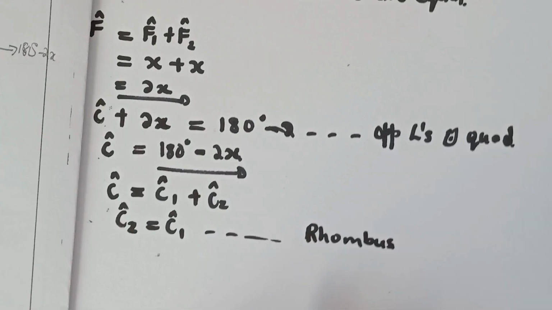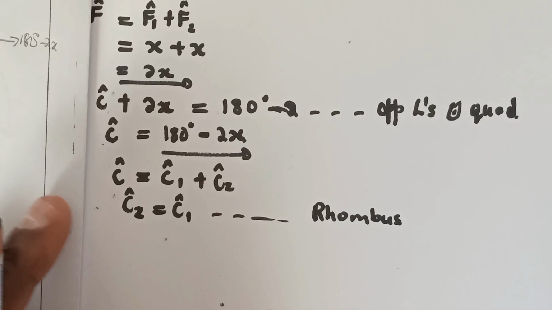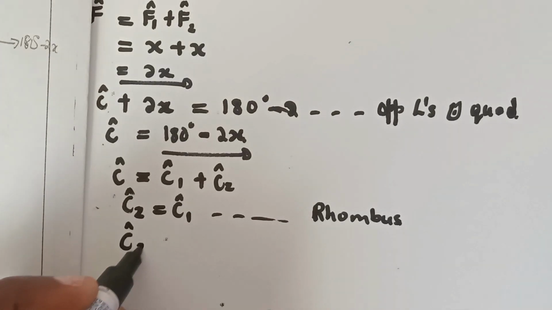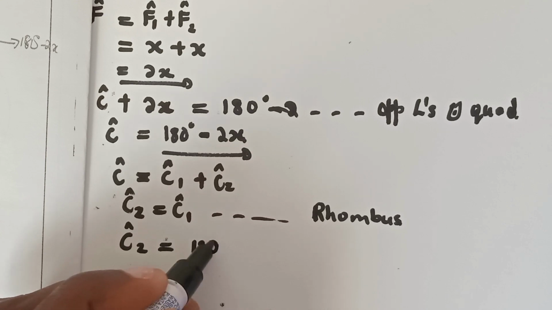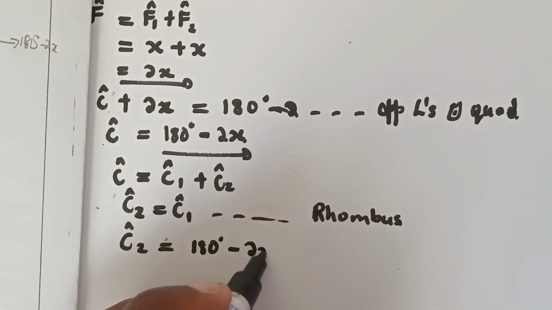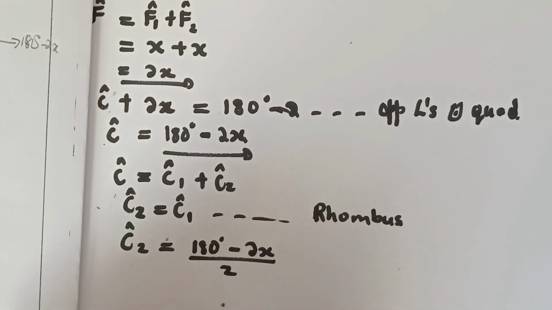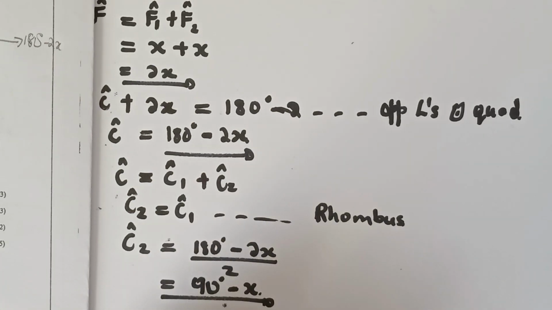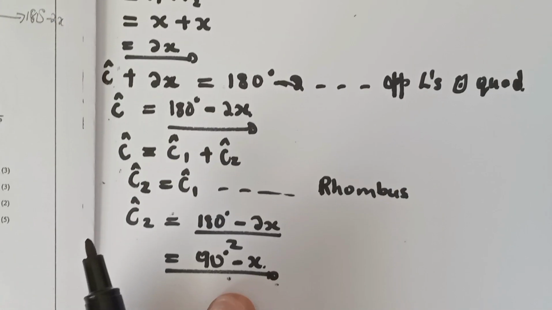Then we can say angle C2 is equal to 180 degrees minus 2x all over 2. Then it gives us 90 degrees minus x. That is angle C2. Also angle C1 is equal to 90 degrees minus x.